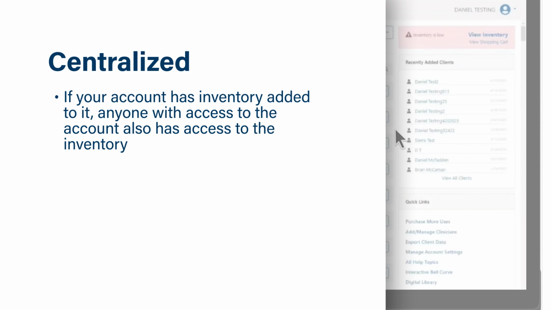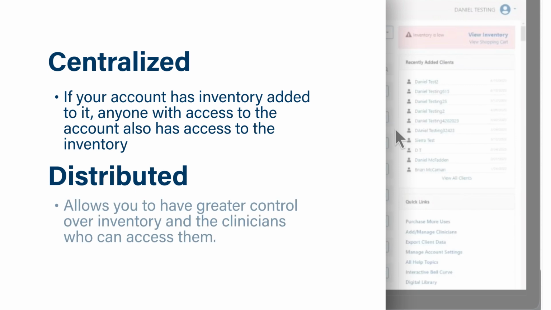The other method is called distributed, and that's really for if you have the need to have greater control over how many of each assessment particular clinicians are using. Let's say you purchase 200 assessments and you need to say that Mr. So-and-so psychologist should only have 20 assessments that they can use.